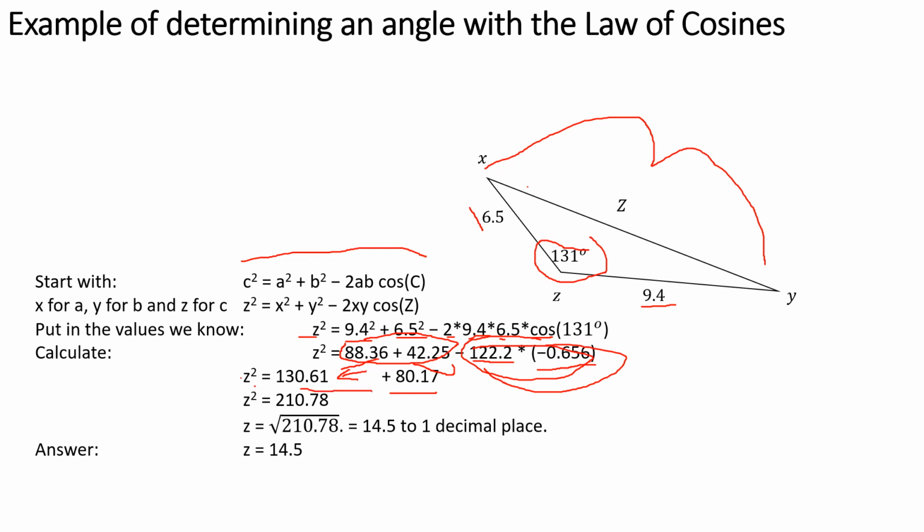Those together end up being 210.78. That's Z squared. The square root of that is 14.5. So my length here is 14.5. And that is how we developed the law of cosines.